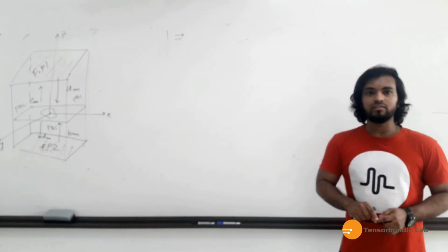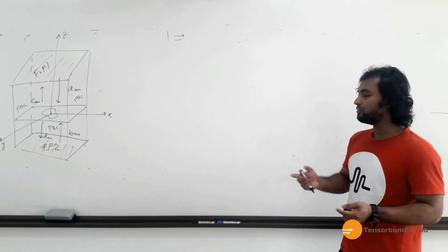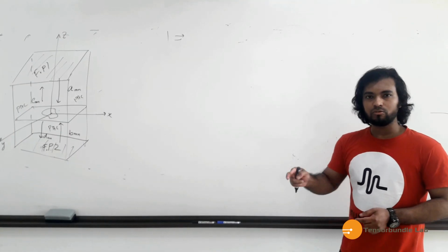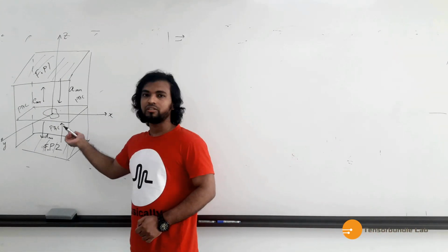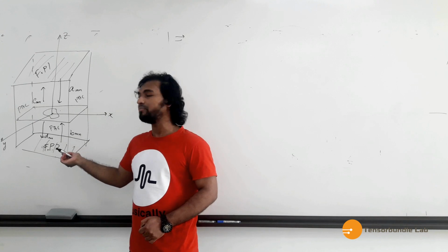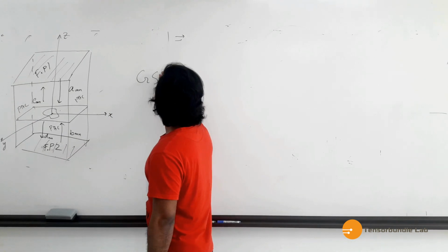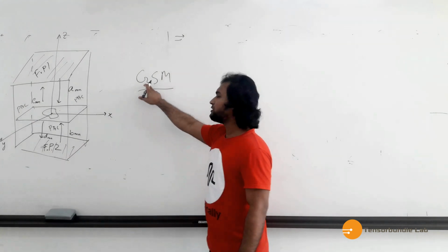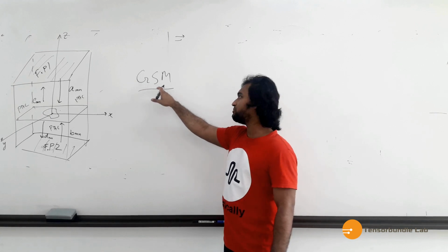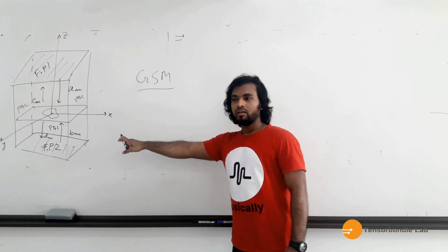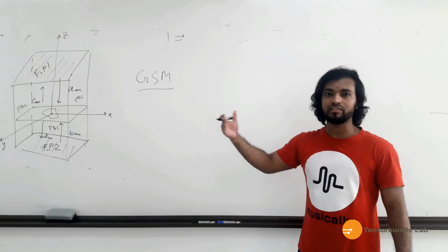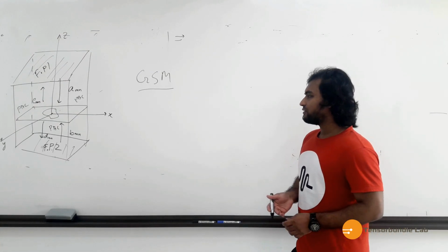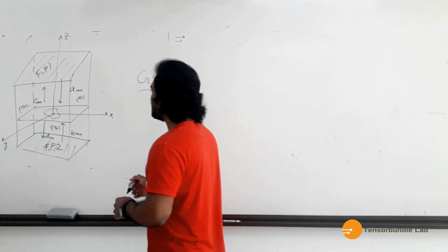So we do need to consider the angle of incidence here, but normally we consider normal incidence. Anyway, as I was saying, we would like to determine a generalized scattering matrix, or in short GSM. We'd like to find this generalized scattering matrix for this setup, which will include all the information of the Floquet incident and scattered waves, and this will give us a complete overview of the system.